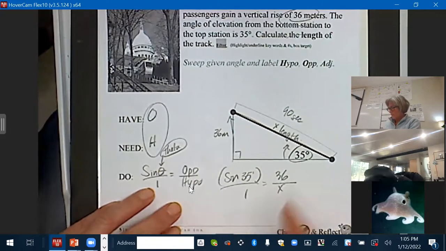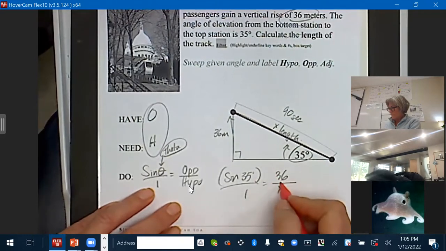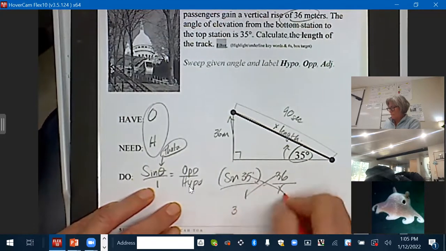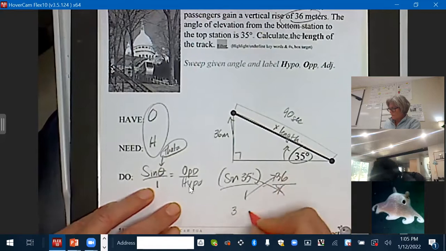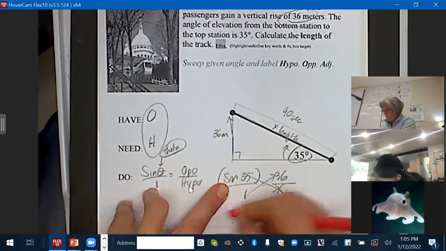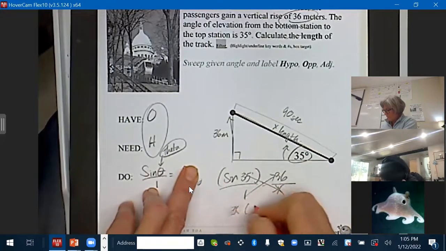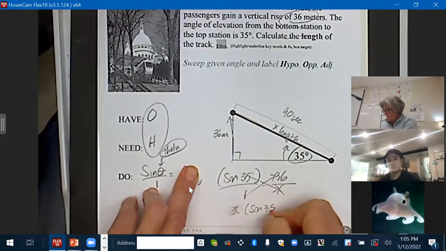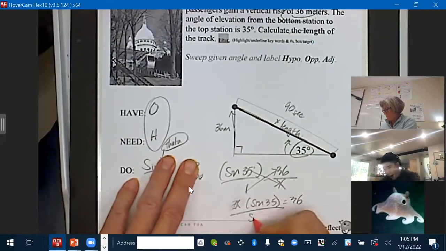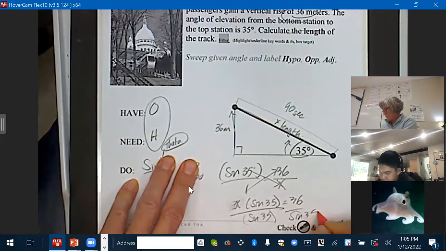So the opposite is 36, so it's 36 over x. So then it's x times sine 35 equals 36. So then we divide by sine 35 on each side.